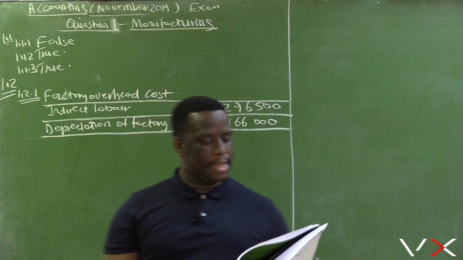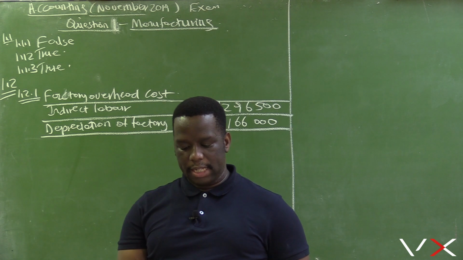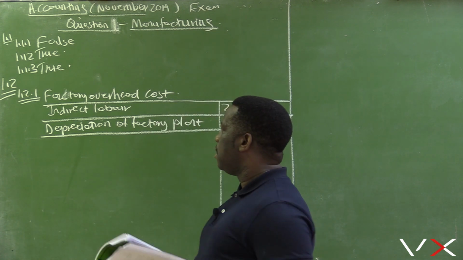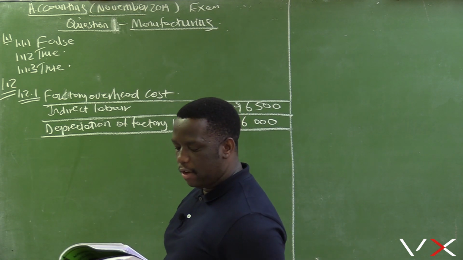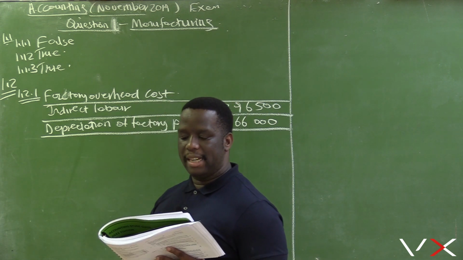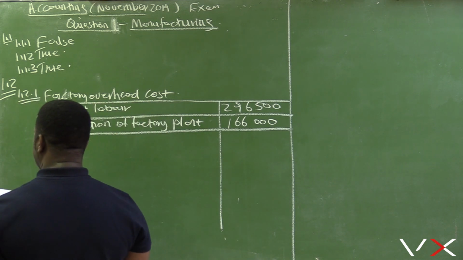The following one in information A is advertising, of 24,500. Advertising is not part of factory overheads, because it relates to the goods we are selling, so this expense relates to selling and distribution. So we are skipping the advertising cost.